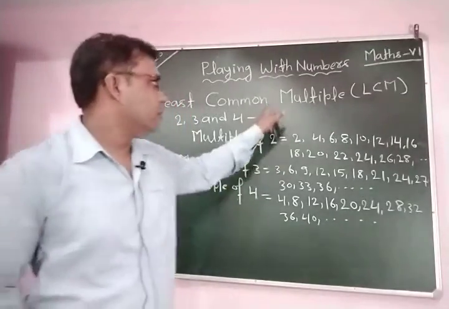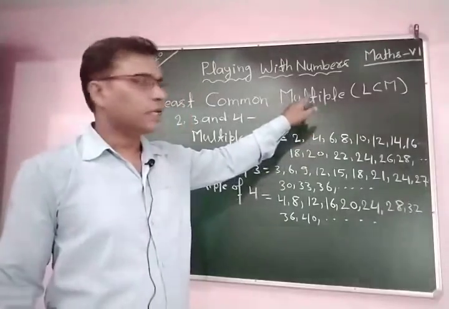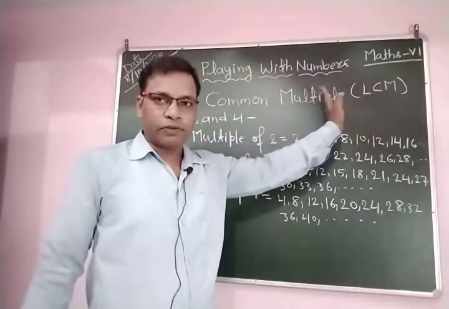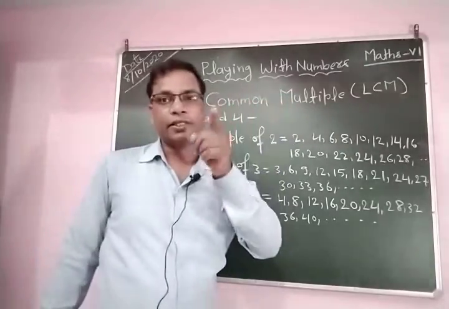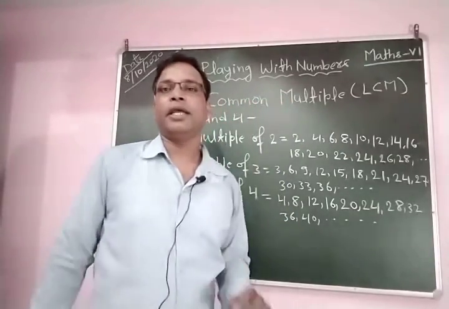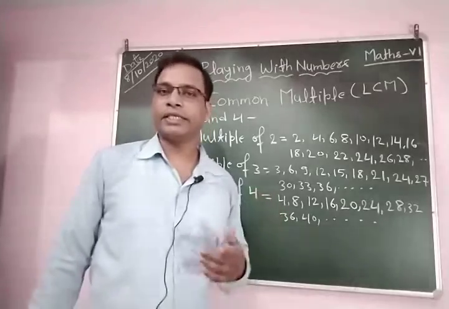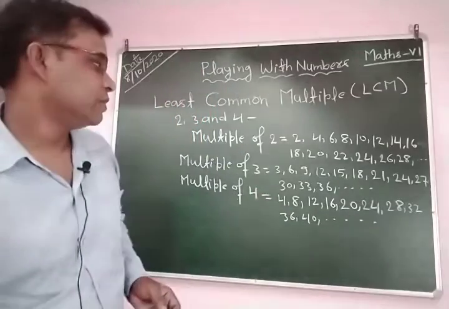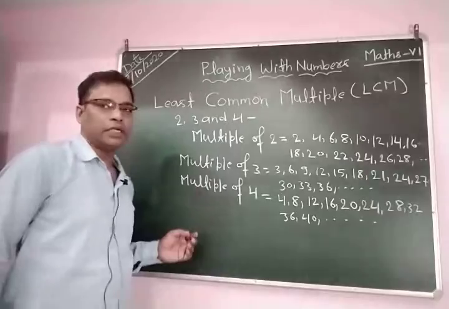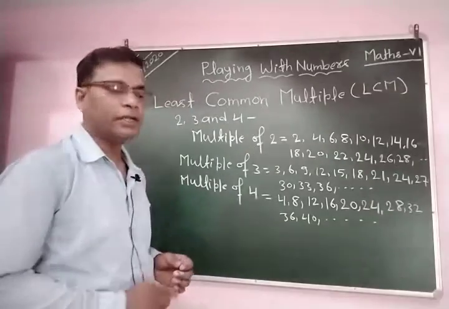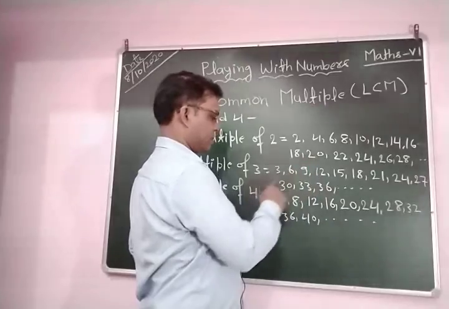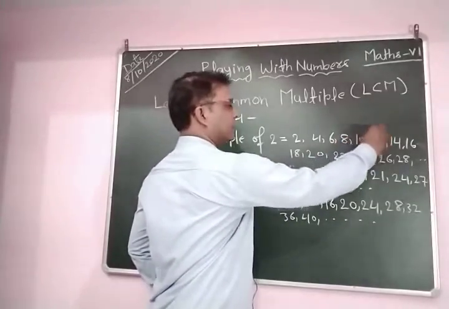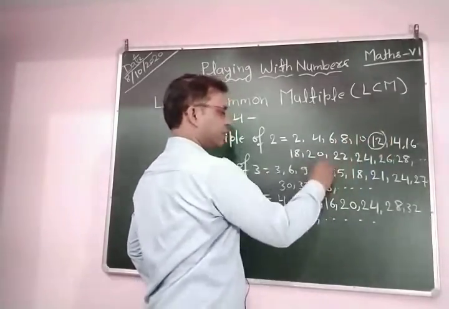The next step is common multiples. According to the name LCM, first you write the multiples, after this the common multiples, and after this we take the least number. This is called LCM. So what is the common multiple of 2, 3 and 4? You can see here, it is 12. In each case we have 12.